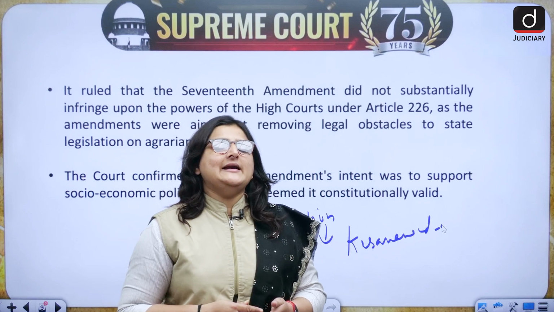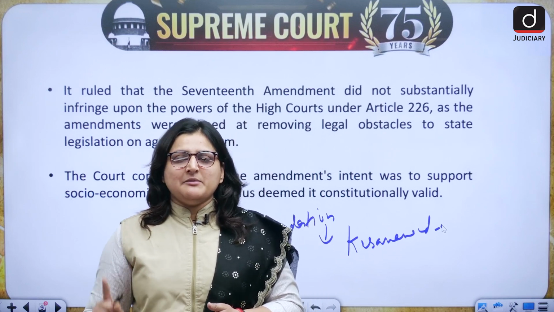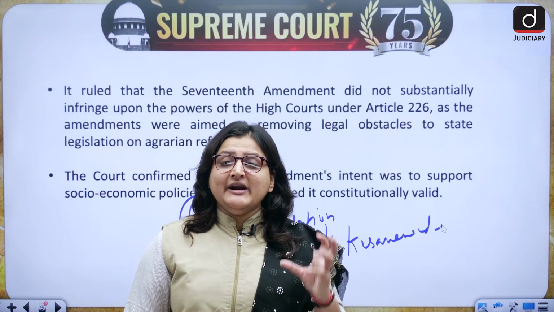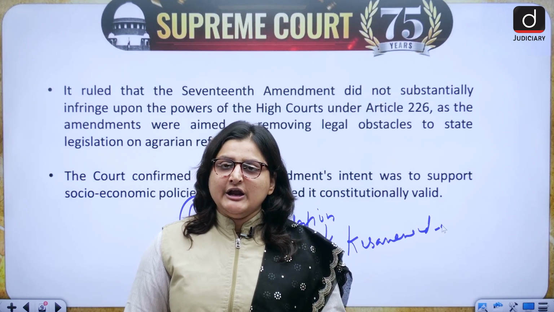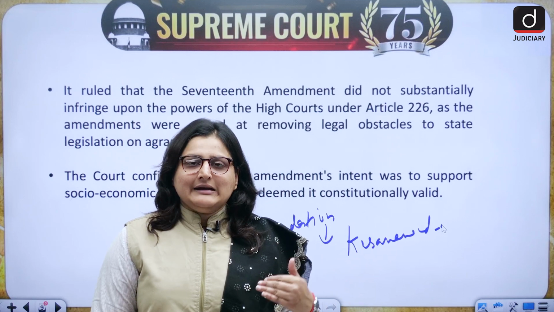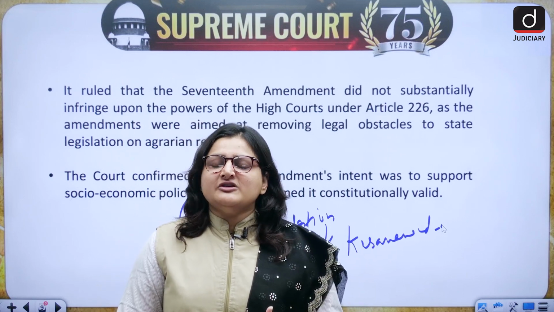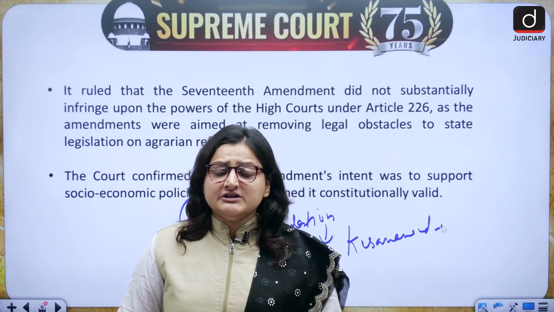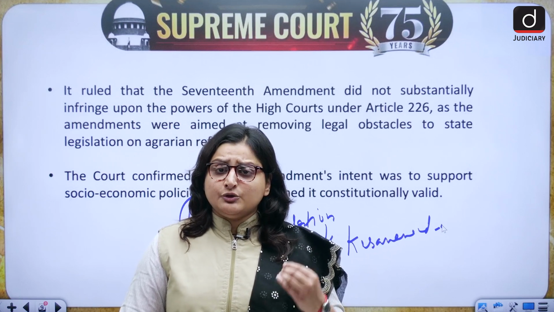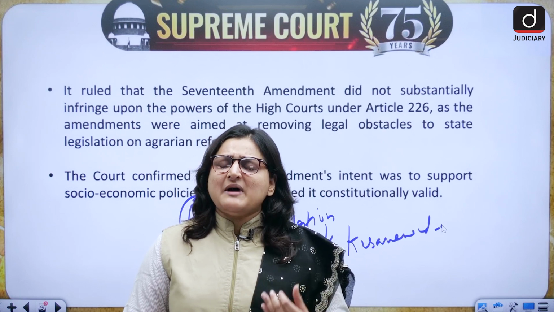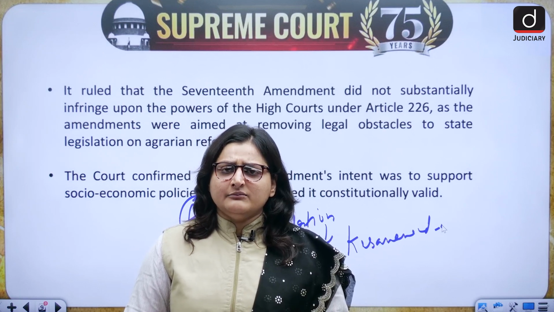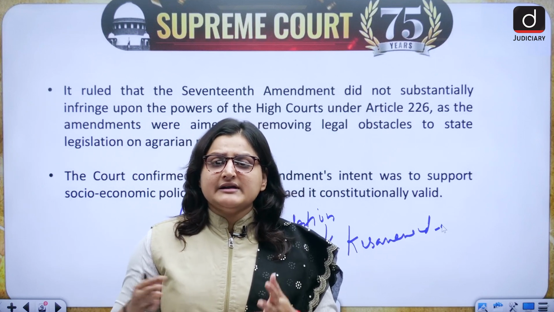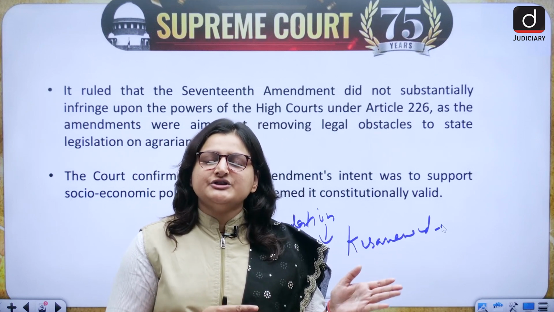So the Supreme Court held that the 17th Constitutional Amendment is valid because it was made to bring agrarian reform in society. It is not violating Article 19(1)(g), which means it is not violating the fundamental rights of the person. Moreover, it said that the High Court's power is not violated through this amendment, because keeping something in the 9th Schedule does not mean it violates the power of the judiciary.